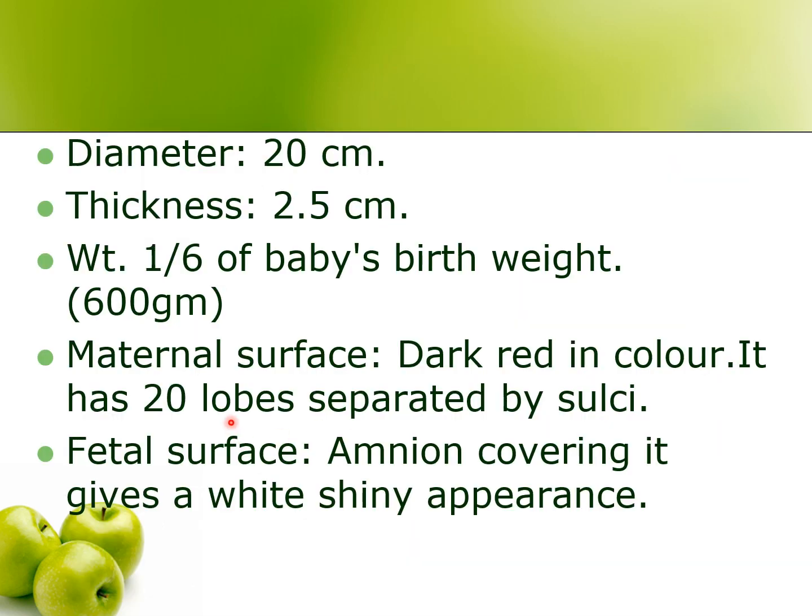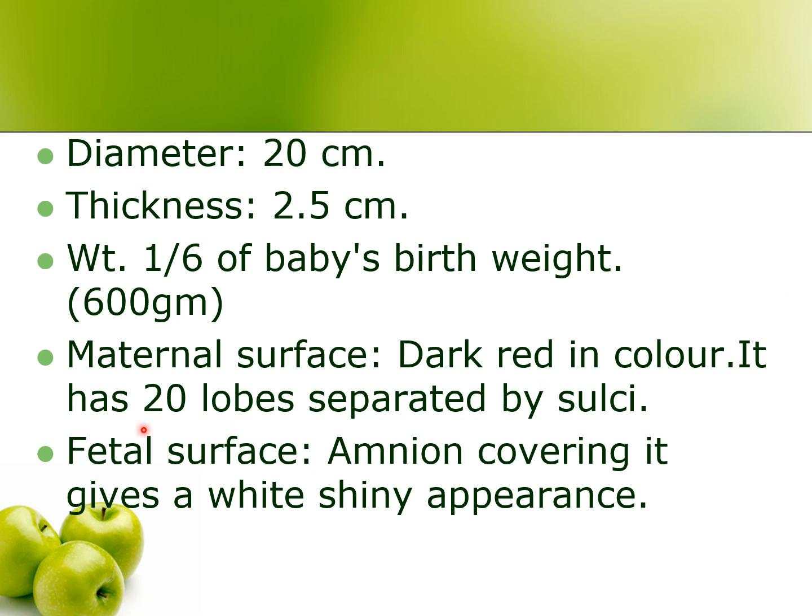If you look at the placenta, the total diameter is 20 centimeters and its thickness is 2.5 centimeters. At term, that is at the time of delivery, the weight of the placenta will be 1/6 of the baby's birth weight. That is, if the baby's weight is 3 kilograms, it will be around 500 to 600 grams.